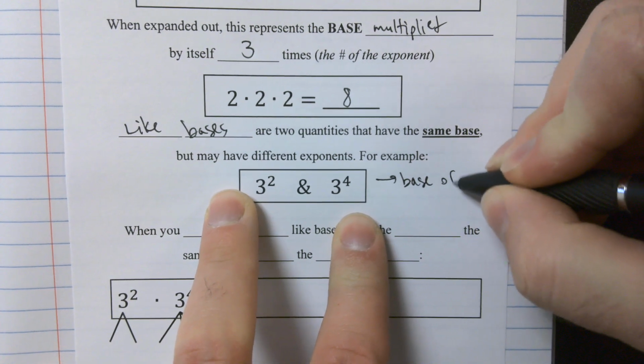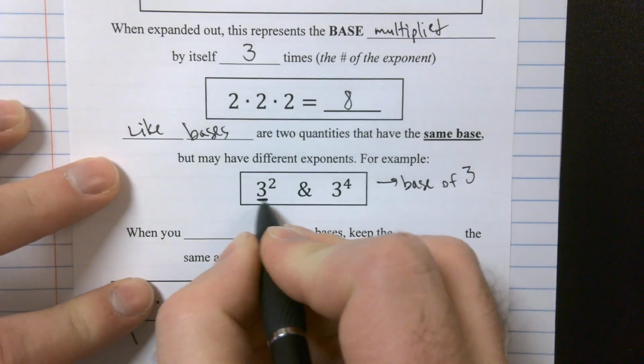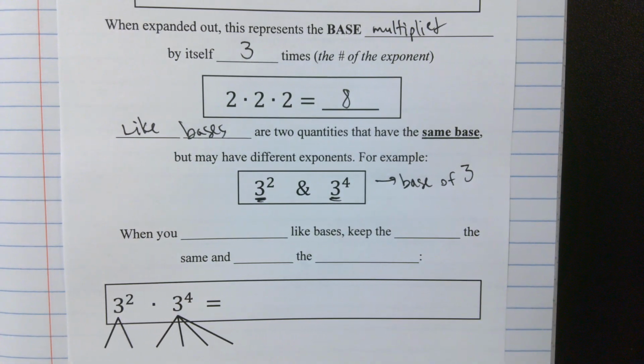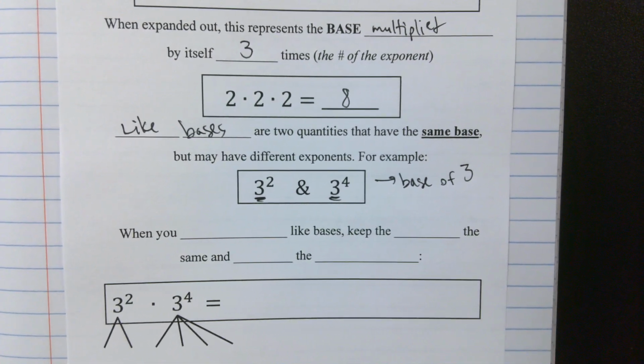Let's write off to the side, base of 3, with 2 different exponents. But that's fine, as long as our bases are the same, that's what we want to see.